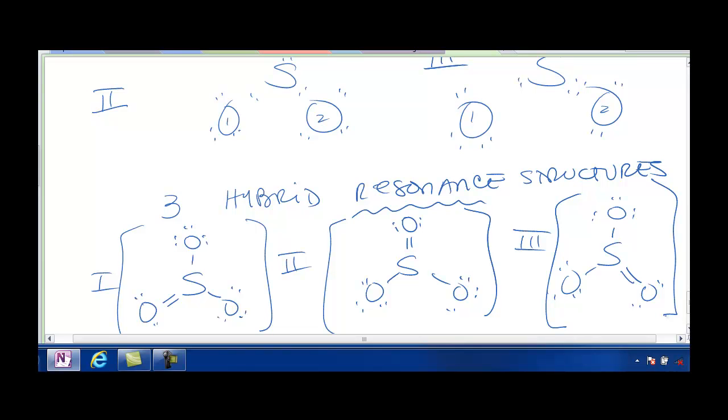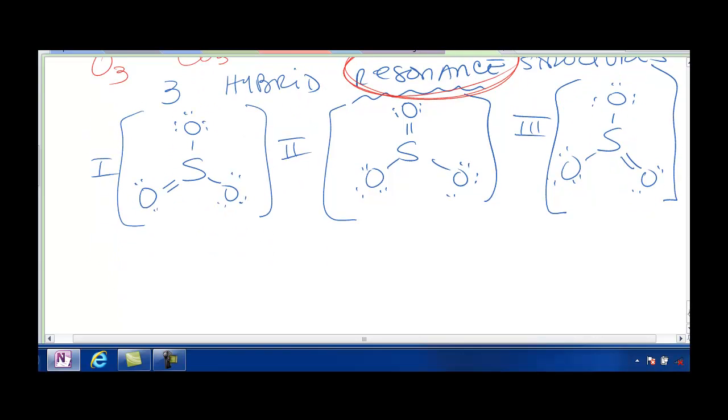Okay, so when you have more than one way to represent a Lewis dot structure, you introduce a new concept. Ozone, O3 has resonance. Carbonate has resonance. Okay, so all these other structures will also bring the same. I know you're asking me, how do I ask this in a test?